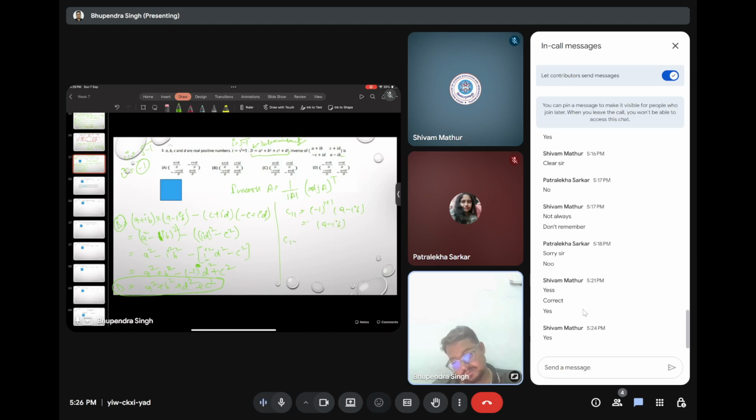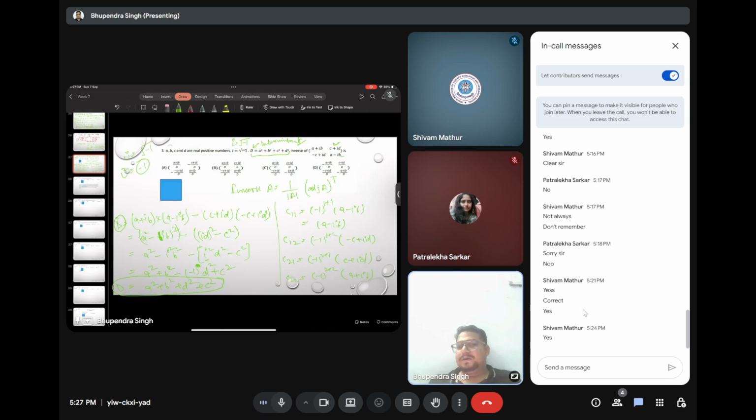Then C12 is minus 1 to the power 1 plus 2, times minus C plus iD, right? We are finding for this one. Now C21 is minus 1 to the power 2 plus 1, times C plus iD. Now for C22, minus 1 to the power 2 plus 2, times A plus iB, right?